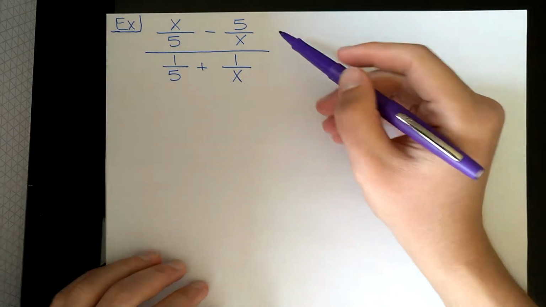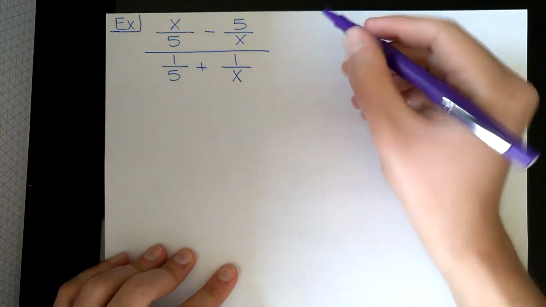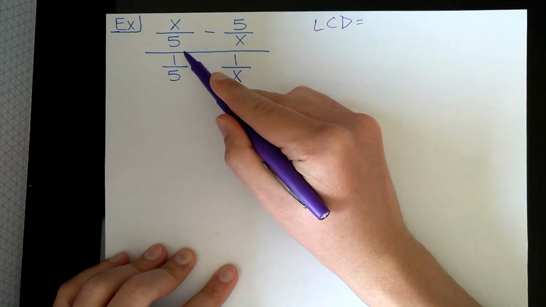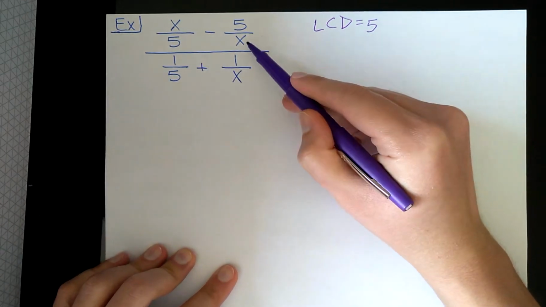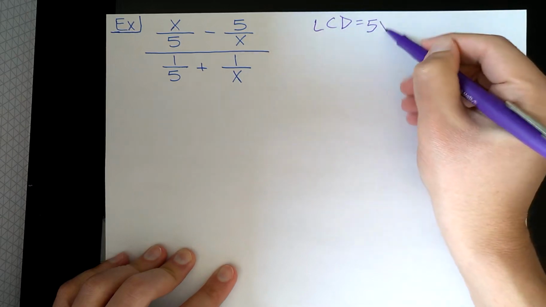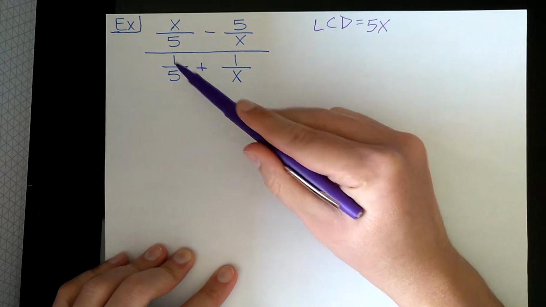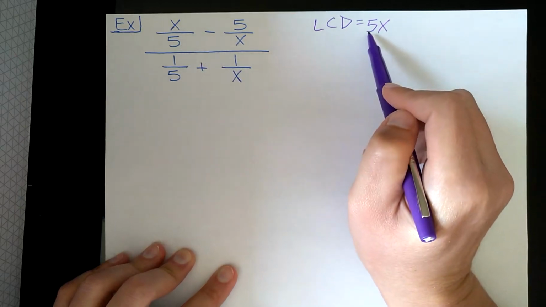Okay, so trying this together, we're going to start by finding our LCD. We have a 5 here. Here we have an x, which we don't have already, so we'll include it. Here we have a 5, but we already have one of those, so we don't need to include it again.